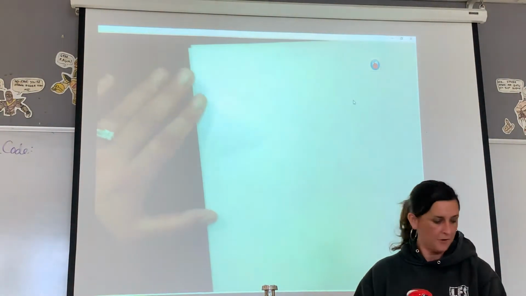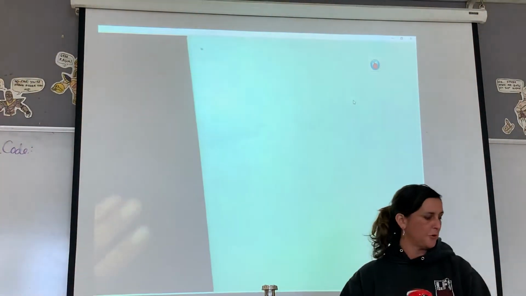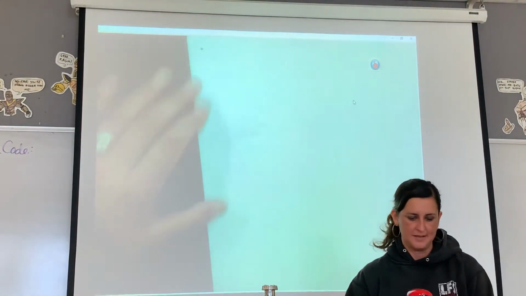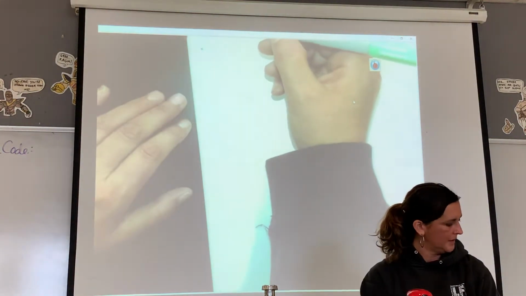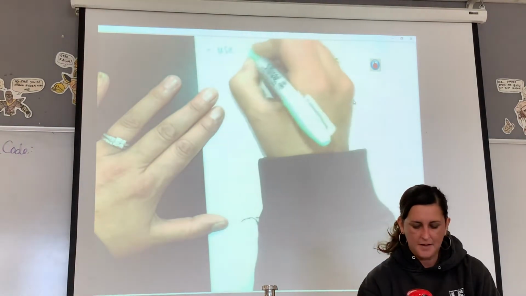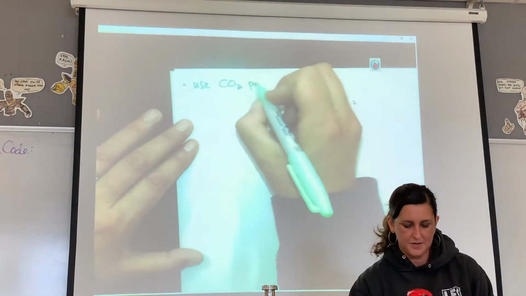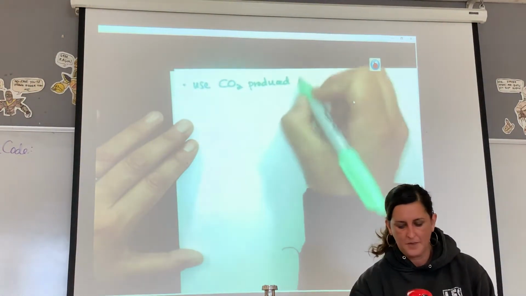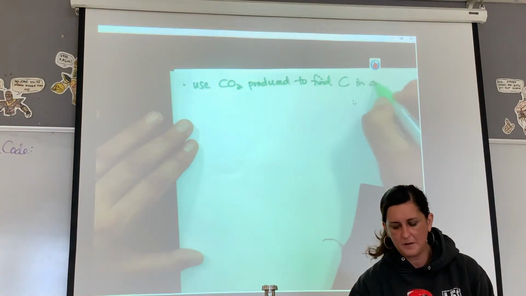A couple more things that we want to remember before we get into the example of combustion analysis is that we can use the carbon dioxide produced to find the carbon in the original sample.